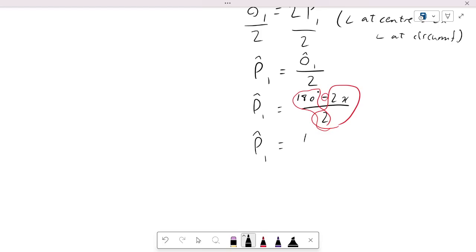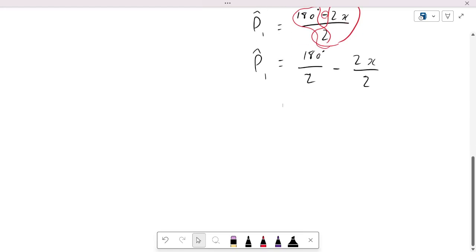We can do that, remember, because they have the same denominator either way, and they're going to become one fraction even if you minus them together. And now angle P1 is 180 degrees divided by 2, which is 90 degrees, minus, and these 2's cancel, therefore it's 90 degrees minus x, and that is our angle P1.